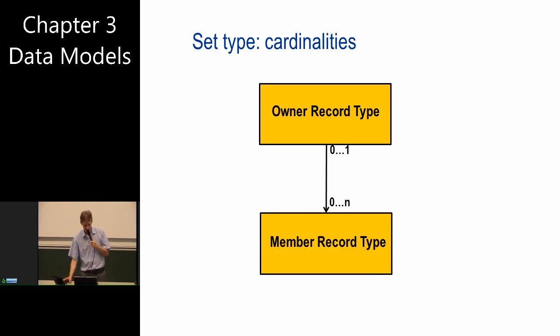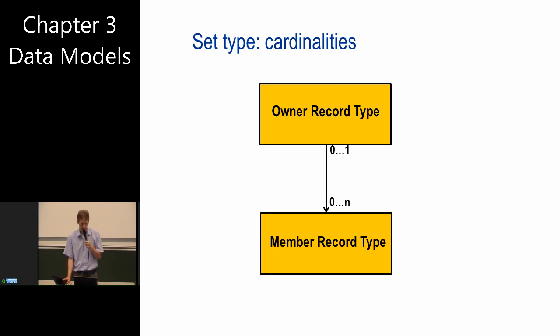You can see the set type cardinalities, and we can do the same example again as we used before. So we had department and employee. So in a department, you can have 0 to n employees working. This is exactly the same as with a hierarchical parent-child relationship type. So in a department, minimum 0, maximum n employees. Vice versa, an employee works in minimum 0, maximum 1 department.